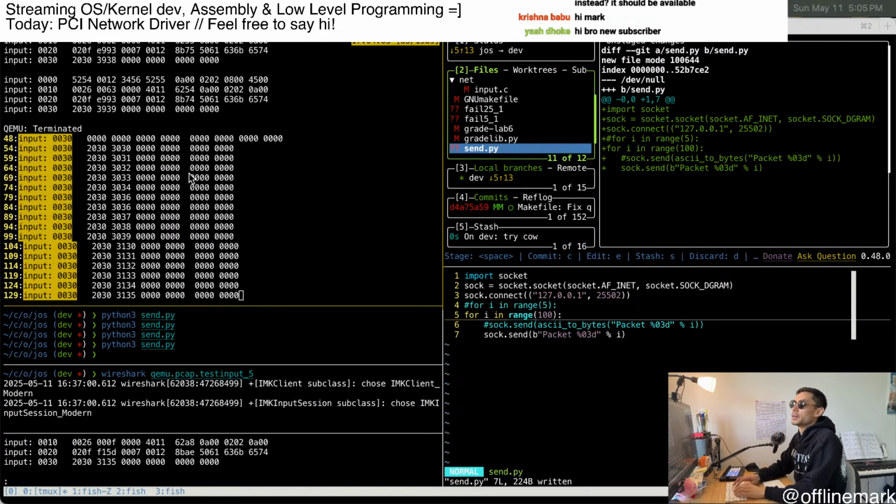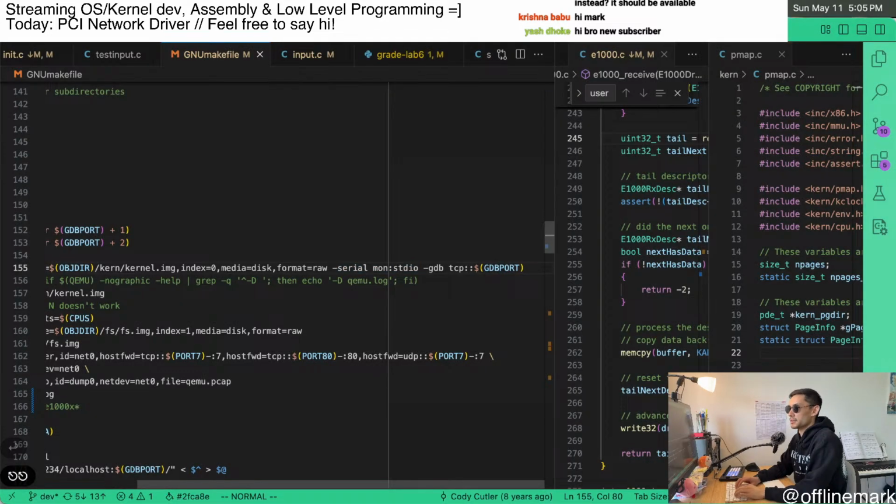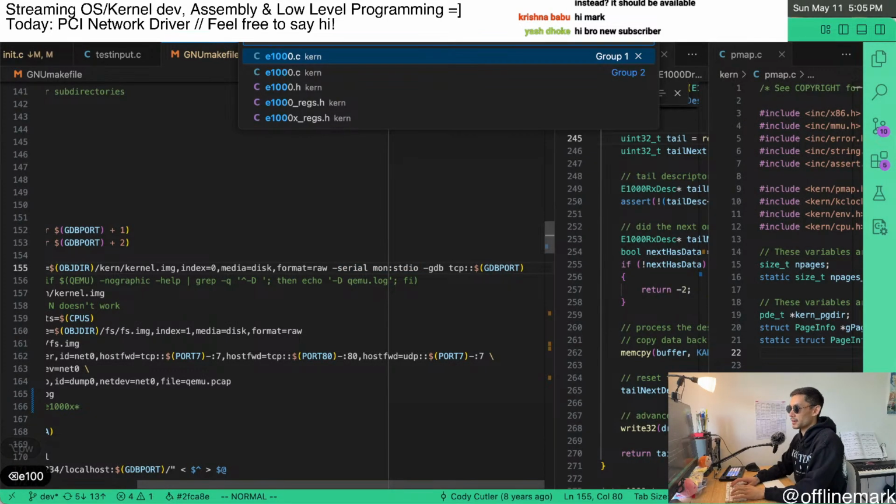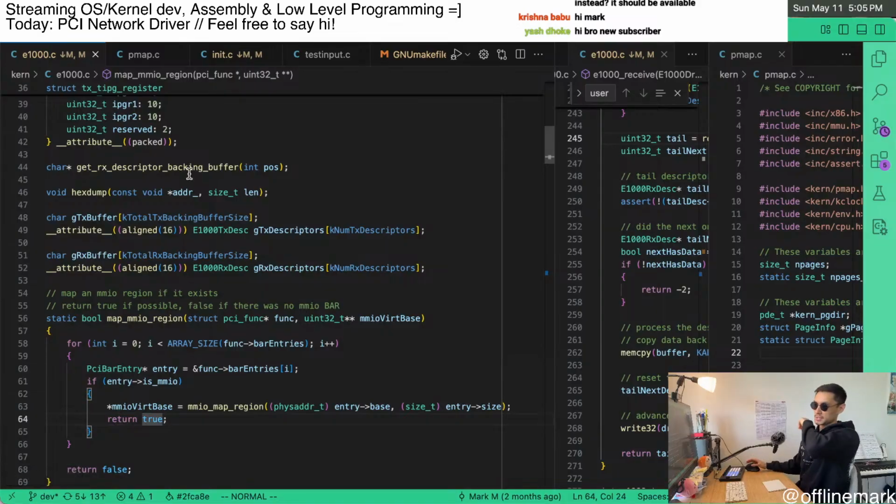Cool, so here's what we can do now. We should probably look at the driver and audit it a little bit just to see if there's anything obvious that would stand out.